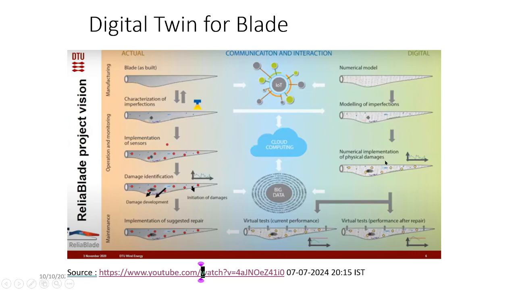Numerical implementation of physical damages, how to rectify everything. Repair suggestions will go back to the field, and the repair will be implemented and monitored. Then a virtual test after repair, a final virtual test is implemented, and current performance will be monitored. Like this, it is possible.